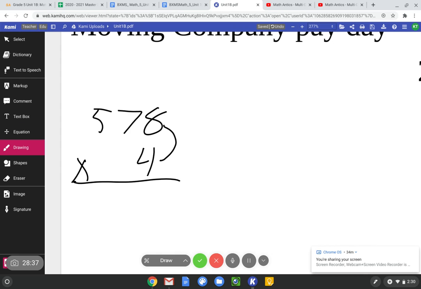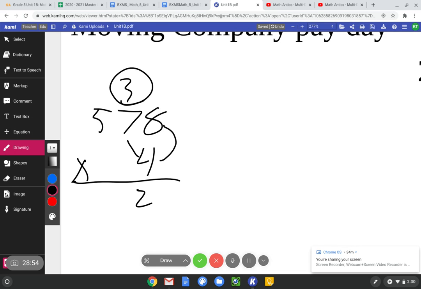So 4 times 8. What is 4 times 8? That is 32. But that 3 is in the way. So I'm going to put it in the added. 4 times 7. That's 28. Plus the 3. That's going to be 31.